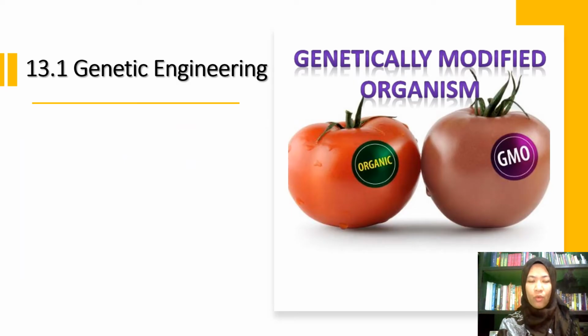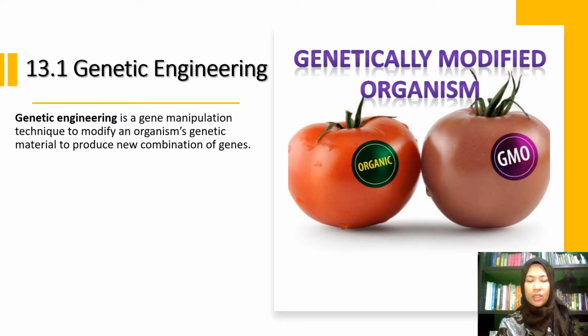First of all, look at the definition for genetic engineering. Apa maksud kejuruteraan genetik? Genetic engineering is gene manipulation, alteration of gene. This technique is very important to modify the genetic material or genetic constituent of an organism so that new combinations of genes can be produced.